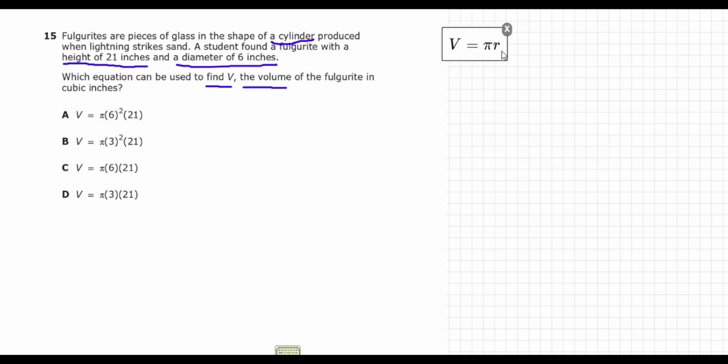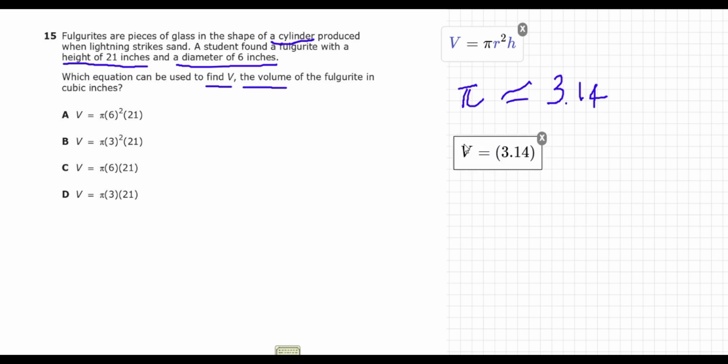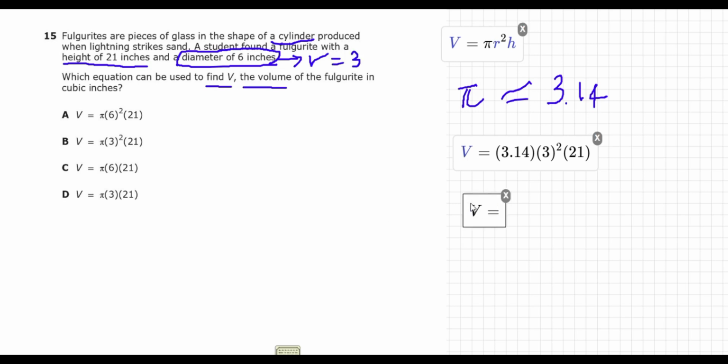The formula for the volume of a cylinder is V equals pi r squared h. Pi is approximately 3.14. Radius is half of the diameter, which is 3. Substituting the numbers into the formula, we got V equals 3.14 times 3 squared times 21. So, B is the correct answer.